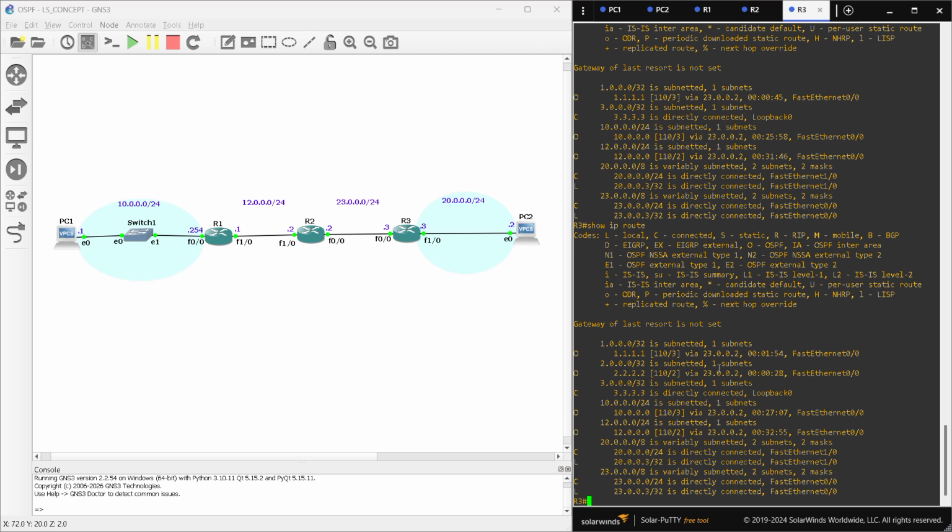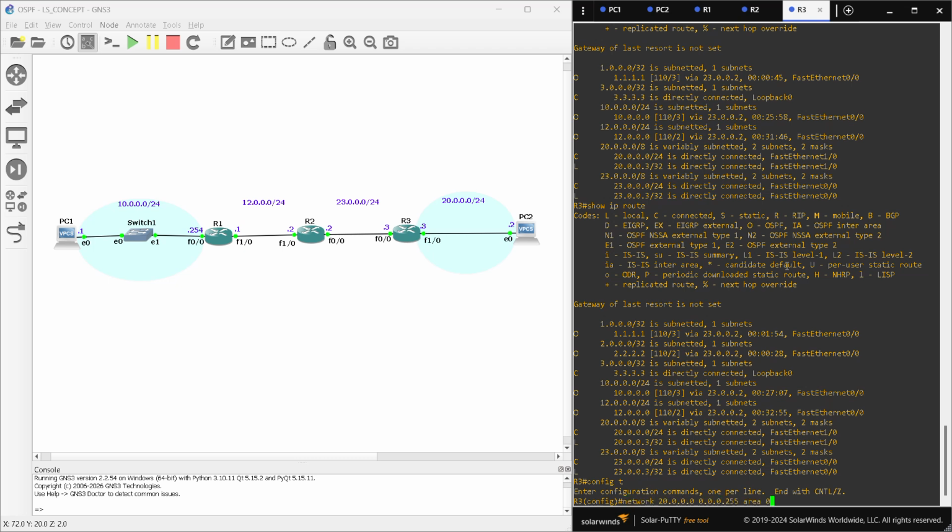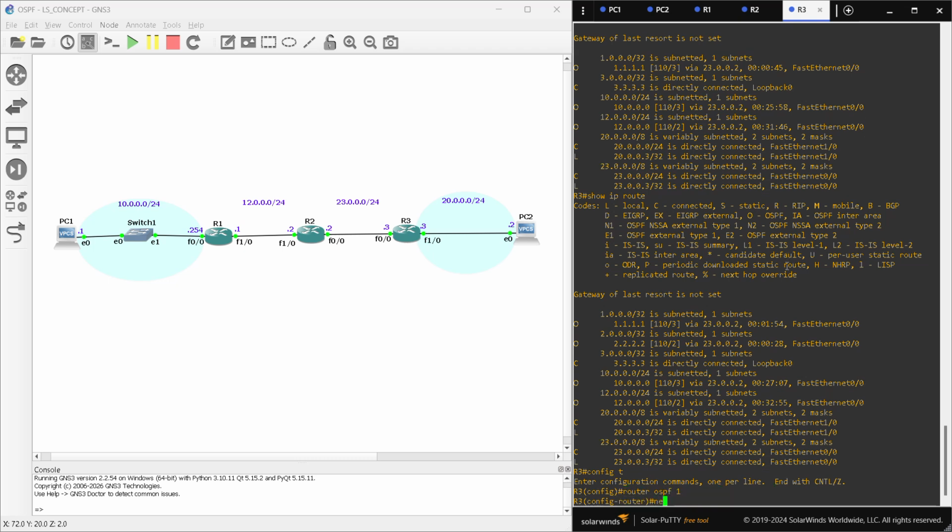Now we'll configure R3. Configure terminal, router ospf 1. After that, we'll give network, and in network we'll give R3's loopback address along with the inverse mask 0.0.0.0 and the area, that is 0.